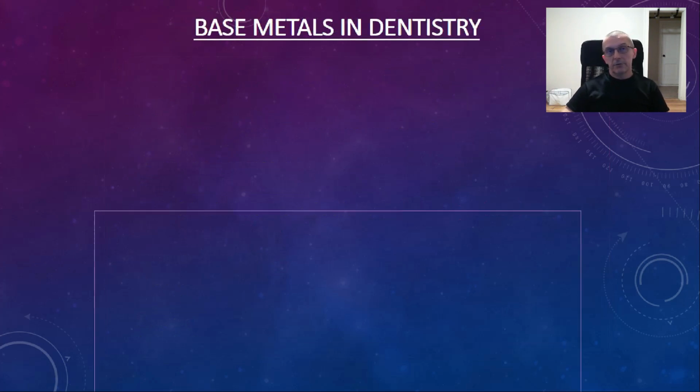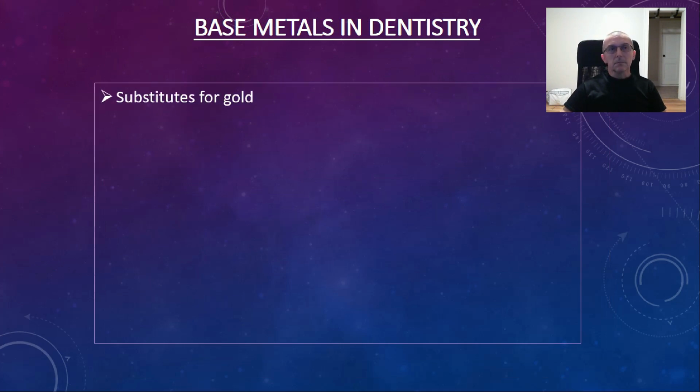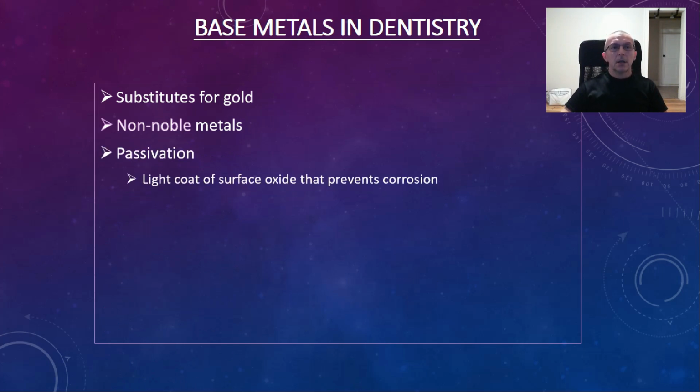Base metals in dentistry. Base metals are basically substitutes for gold. They are non-noble metals, and some of them, like chromium, are not very reactive, but somewhat reactive, and it doesn't oxidize too much because of a property called passivation.